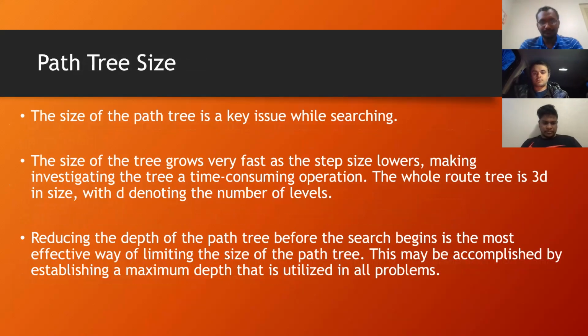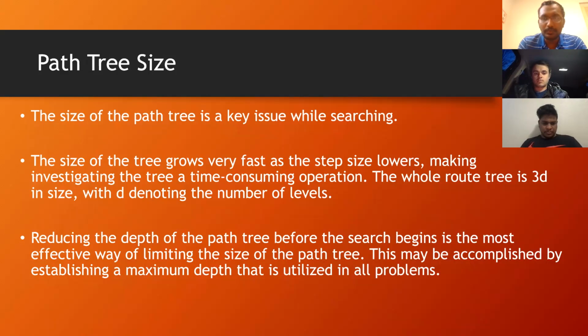Path tree size. The size of the path tree is the key issue while searching for the best optimal path. The size of the tree grows very fast as the step size lowers, making the search time consuming. For every change in step size, it takes some time.